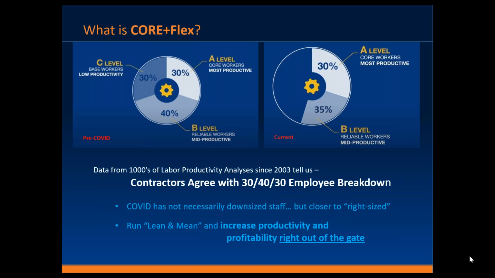So contractors, the suggestion is now is the great time to implement CORE+Flex. Stay at your base level, stay at your 65% of what you had. As workload increases, that's when you plug in or flex in contract skill labor. Ultimately, that enables you to run lean and mean, increase your productivity, and ultimately, after you get out of the COVID situation, you'll be more profitable right out of the gate.